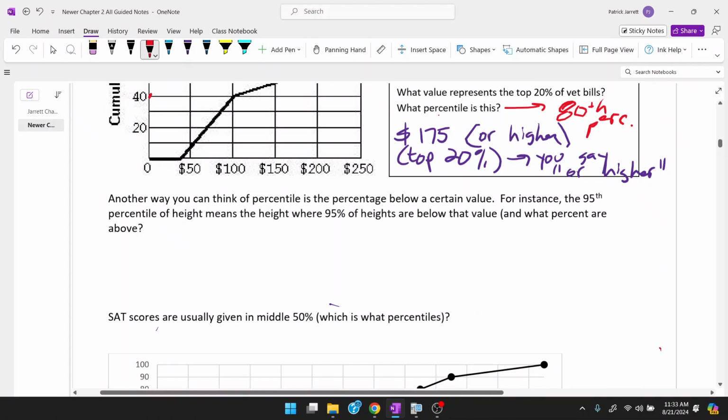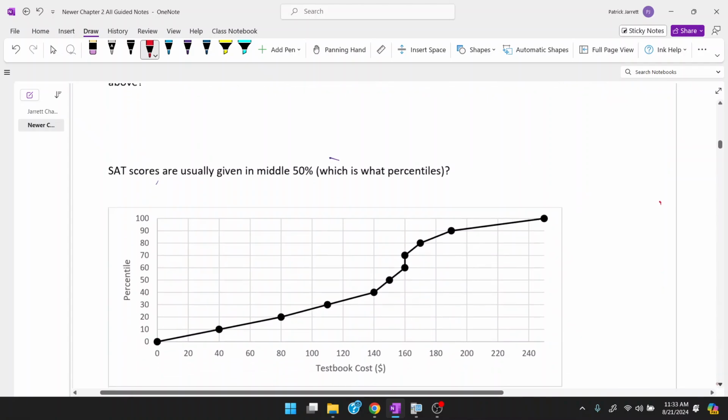The 25th to the 75th. That is middle 50%. So when I ask you a question based on an ogive about middle 50%, you're going to give me the 25th and the 75th percentile values. Boom, that's it.